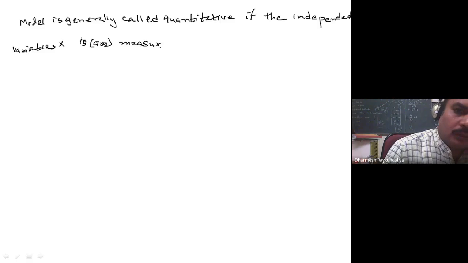That means some physical measurement tool is there to measure the data.